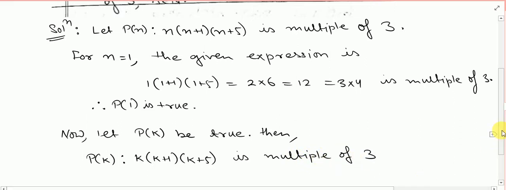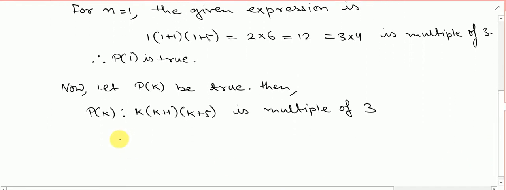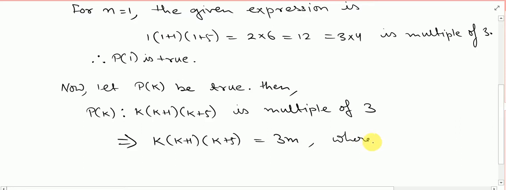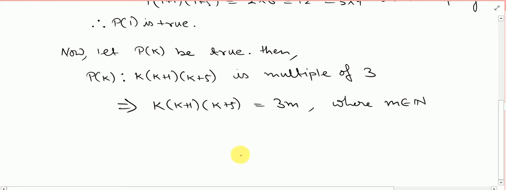Since it is a multiple of 3, this implies k plus 1 into k plus 5 will be equal to 3 times some positive integer m, where m belongs to natural number. Give this as equation 1.